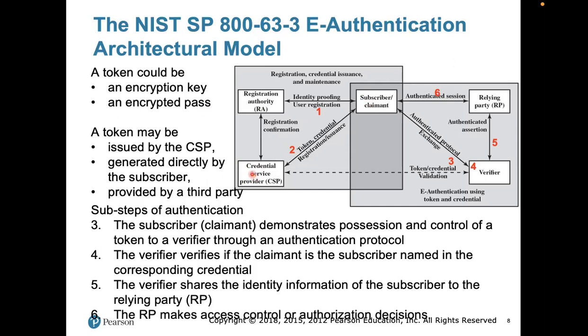The credentials will be saved at both sides, at the CSP and also at the subscriber. You may save it somewhere, or you may memorize it, if it's a part of it that can be memorized, for example a password, which is going to be used later.